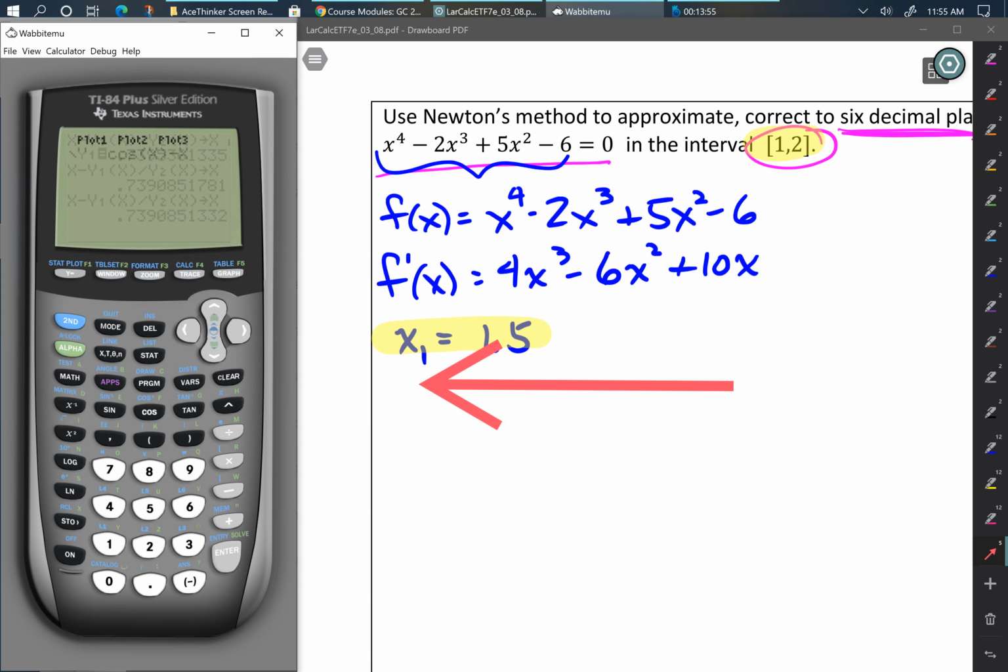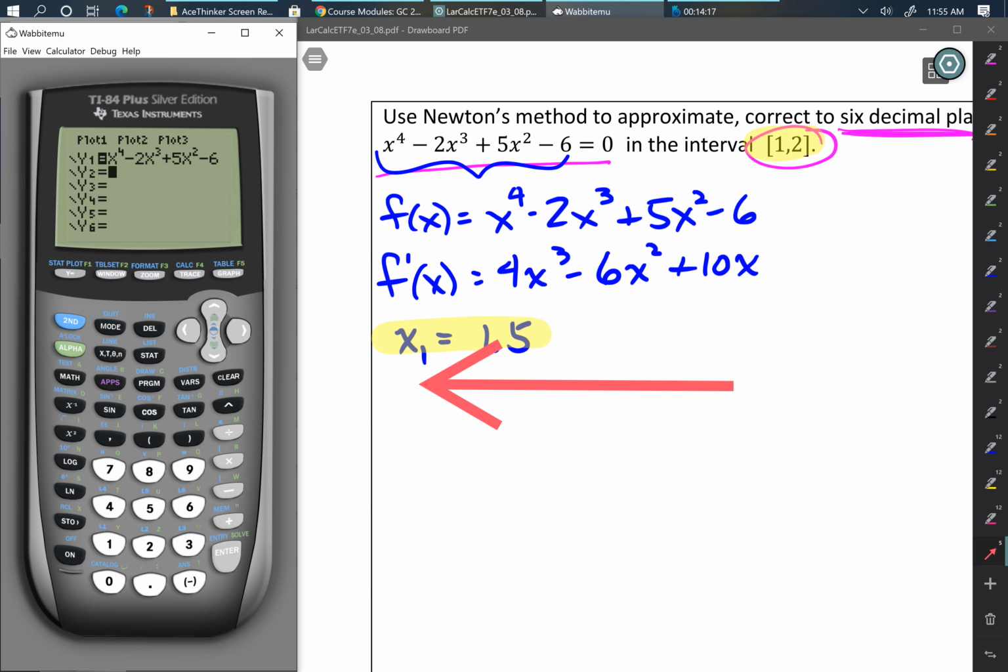Okay. First things first, I need to put the function and its derivative into the y editor. So my function is x raised to the 4th minus 2x raised to the 3rd plus 5x raised to the 2nd minus 6.